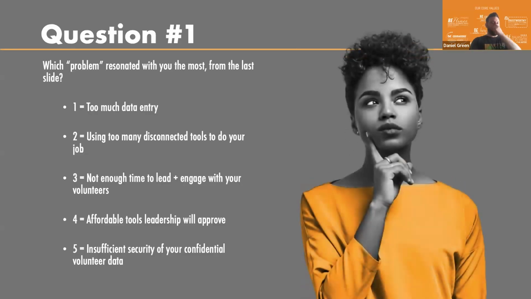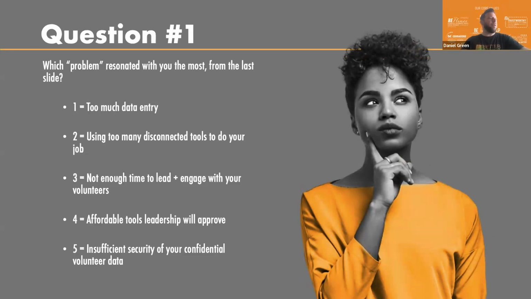Moving on, we've got a few questions to get through. Feel free to use the chat to put in your answers. We'll start with question 1. Which problem resonated with you the most from the last slide? Was it number 1, too much data entry? Number 2, using too many disconnected tools to do your job?